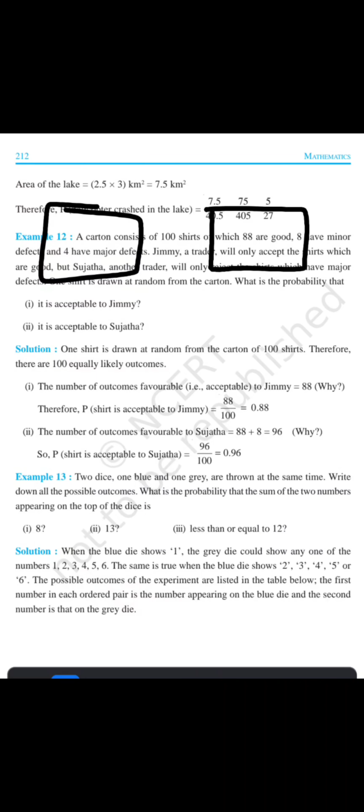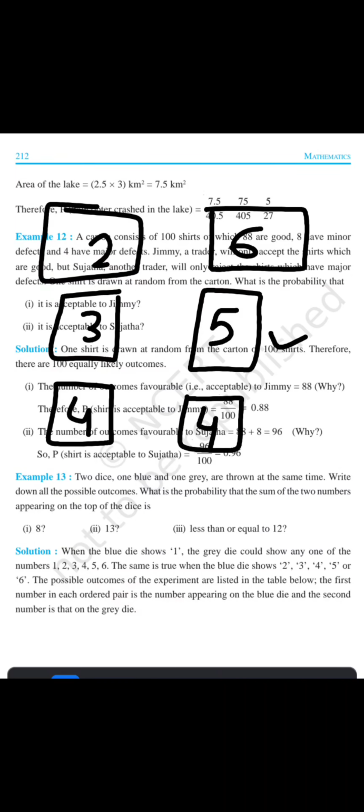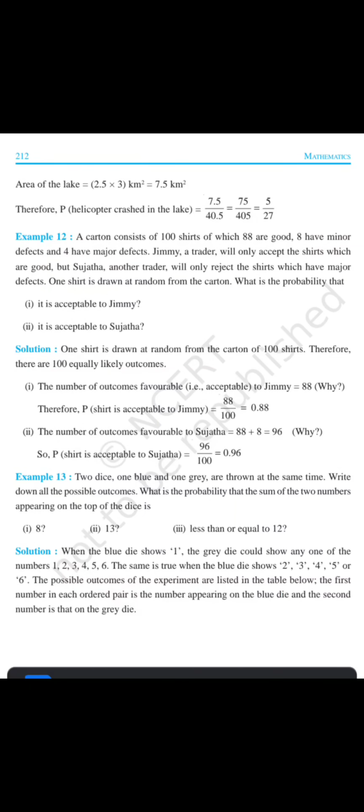First is 2 and 6. Second is one dice has 3, the second dice has 5. Third condition is 4 and 4. And then 5 and 3 is repeated, 6 and 2 is also repeated. This is the condition for the 8.